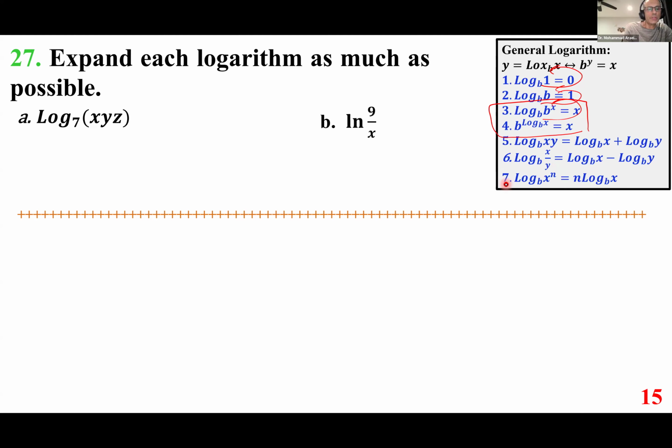So in this case, for number 7, we're going to use the product rule, number 5, and cut it into 3 pieces. Log of x, log of y, log of z, and they all have same base 7. Add them up.